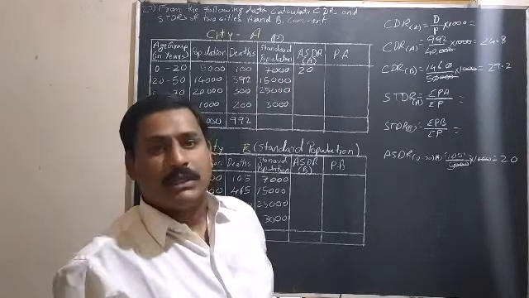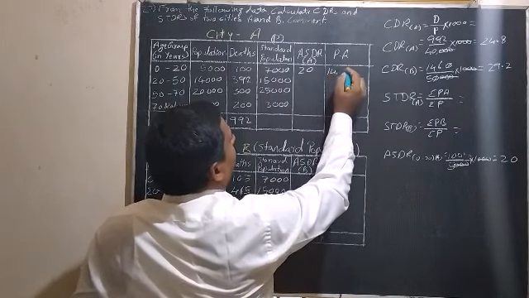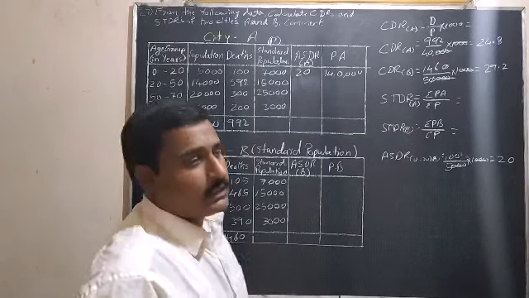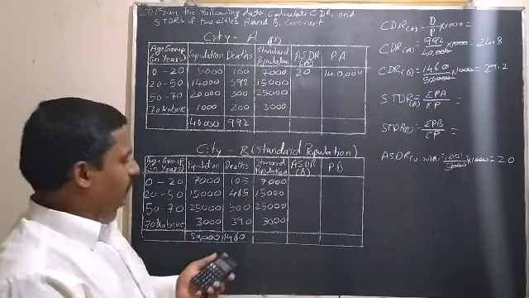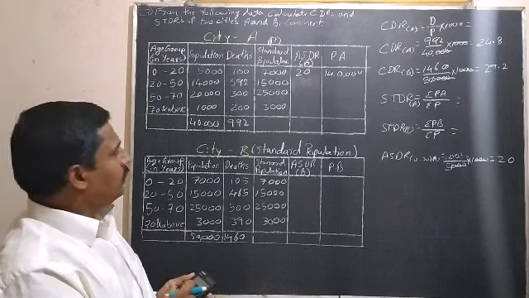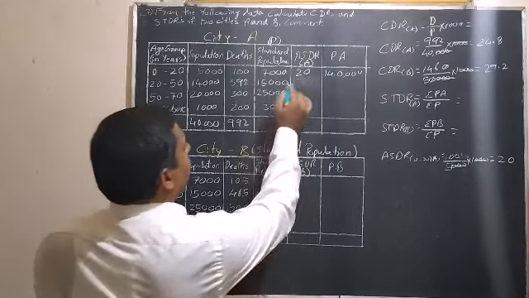20 into 7000, that is 1,40,000. And for the second age group, 20 to 50, 392 deaths divided by 14,000 population into 1000 is equal to 28.